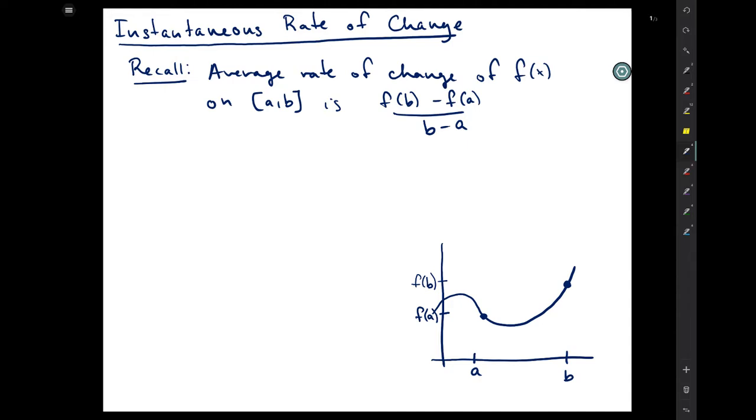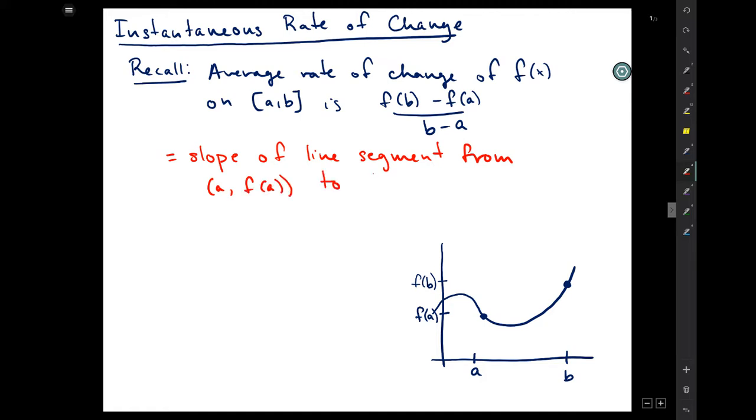Now, one way of interpreting this is as the slope of the line segment between the points A, f of A, to B, f of B. So if we look at this graph that I have in the lower corner, we have this point A, f of A, it's right there, and we have the point B, f of B, and what we're saying is that the slope of this line segment between them, the slope of this line, is the average rate of change.